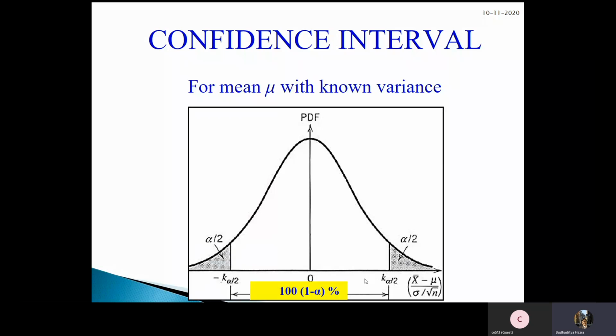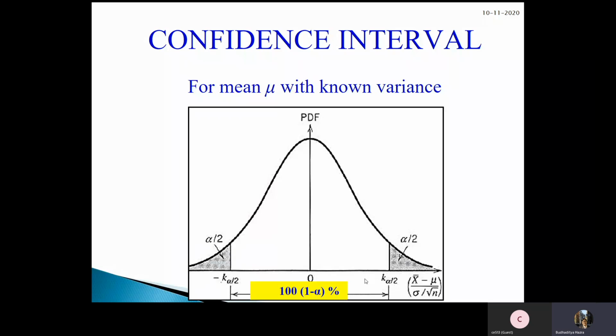Basically we have said that the sample mean is a random variable, normally distributed with mean mu and standard deviation sigma by square root of n, or variance sigma square by n. So what we can do is find confidence intervals.